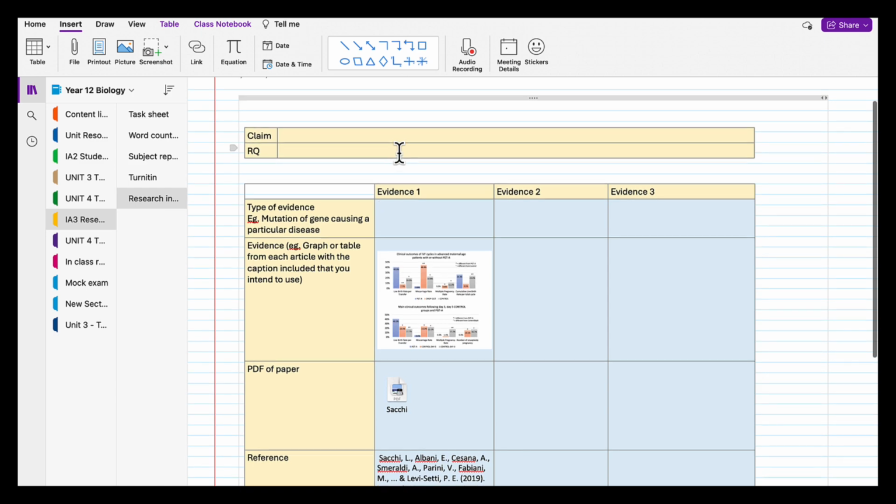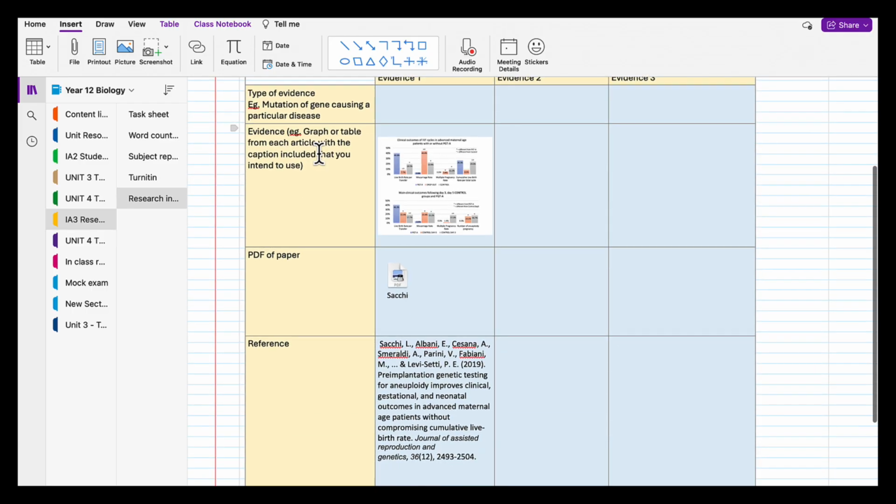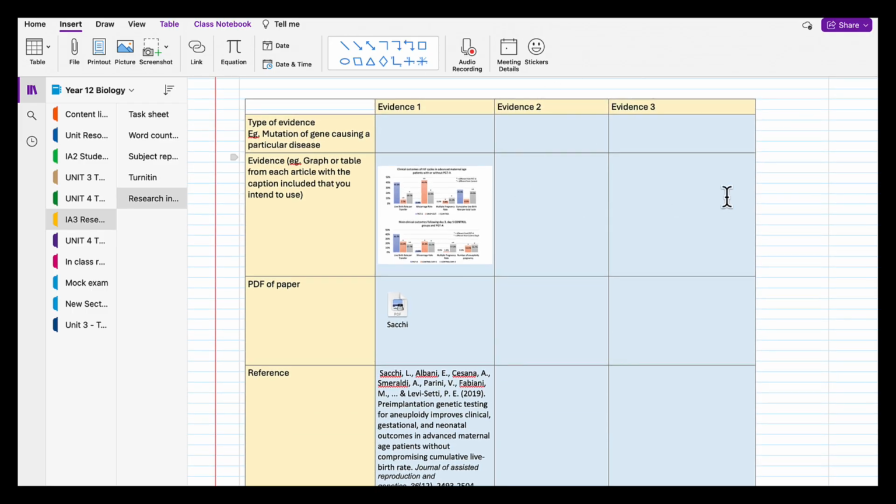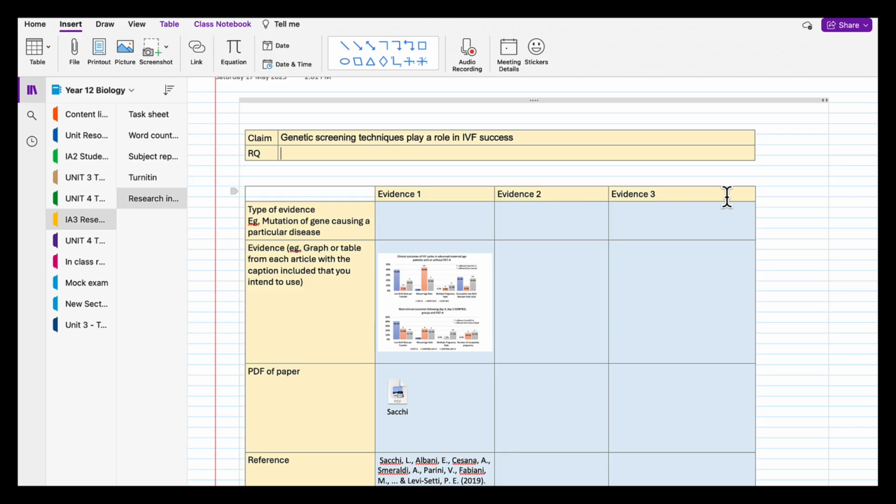I put the claim in here, and from that we can start to write our research question. I'd do that three times, so you've got all of your evidence there, and if you're happy you've got enough evidence, then you can go ahead and write your research question. Next time we're going to write the research question and do our rationale.